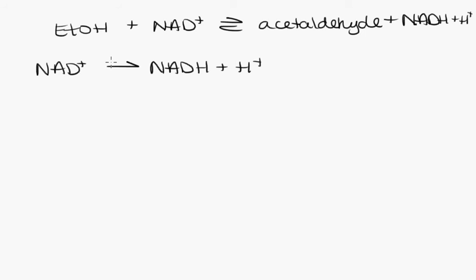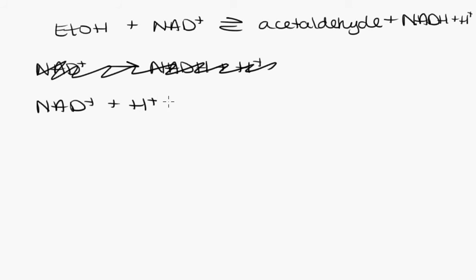Oops, wrote that wrong. I wrote down the wrong half reaction, sorry. We've got NAD plus H plus, there we go, plus 2 electrons makes NADH. Okay, so this makes sense because this is oxidized and this is reduced, so we have to gain electrons on this side.